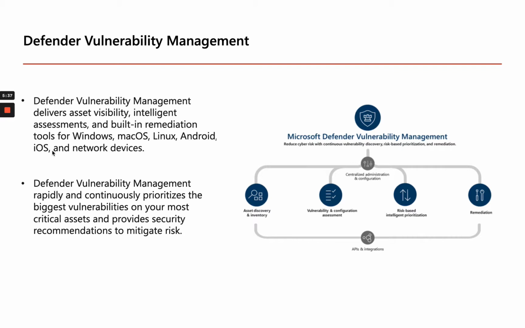Now, there are ways to categorize them. The reason it's important to categorize them is mainly because there are so many tools. We're talking about Defender for Endpoint right now, but Microsoft has so many other Defender products, and then on top of that, third-party products that your company may be using, right?